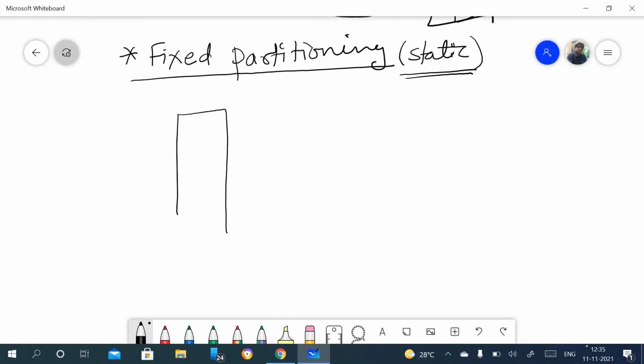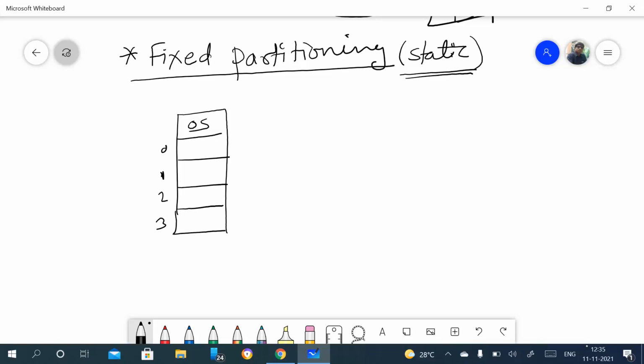It has some drawbacks also. The first portion always goes for the operating system, and there are four fixed partitions: 0, 1, 2 and 3.